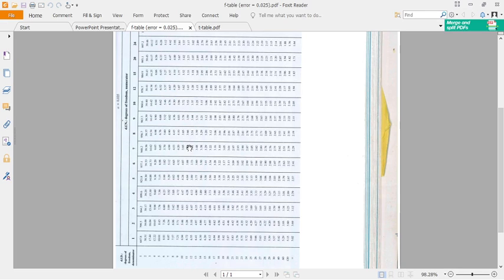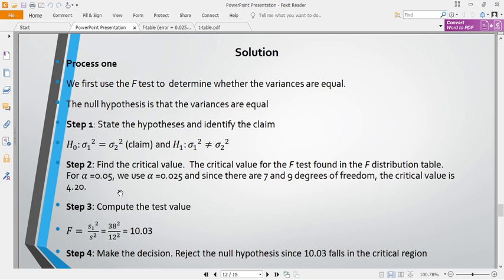You look for 7 and 9 degrees of freedom. Is it 4.2? I think it is 4.2. So that is our critical value, 4.2.